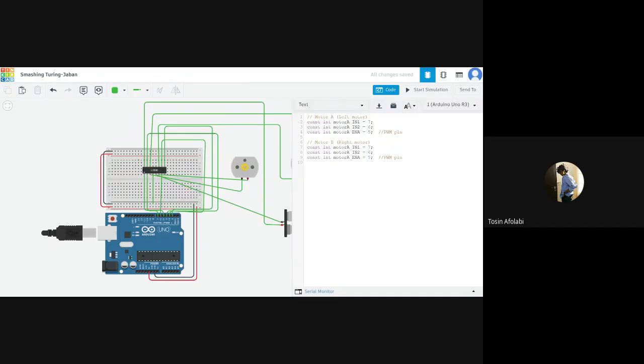This is going to be input 3, input 4, and ENB, which are 4, 3, 2. It's the same thing. Then let's not forget to change this to a B, another B.